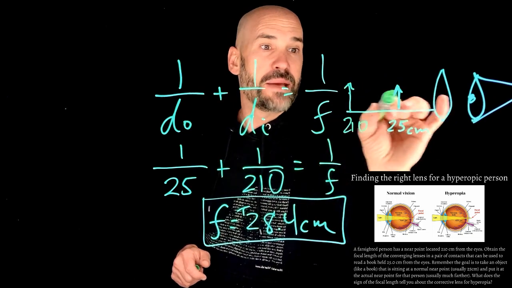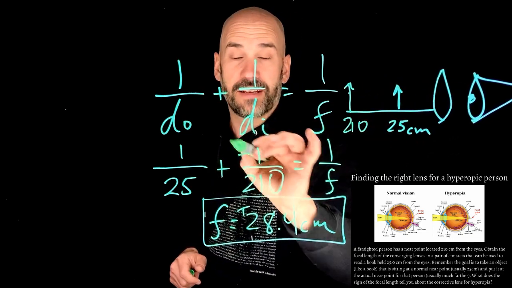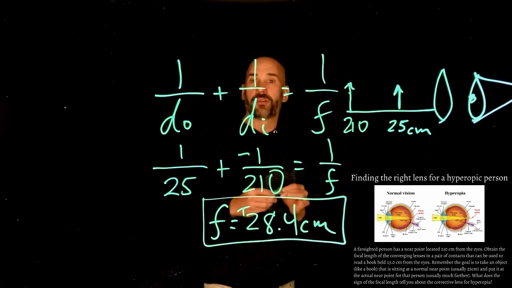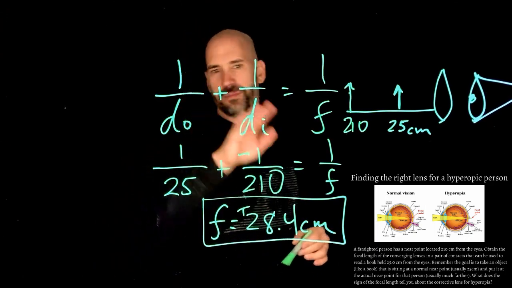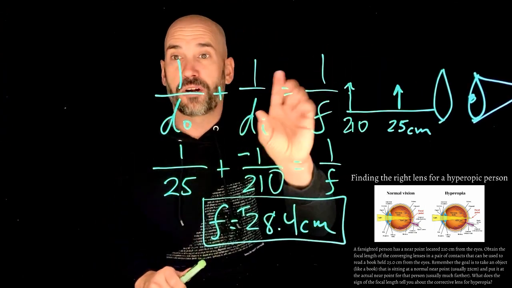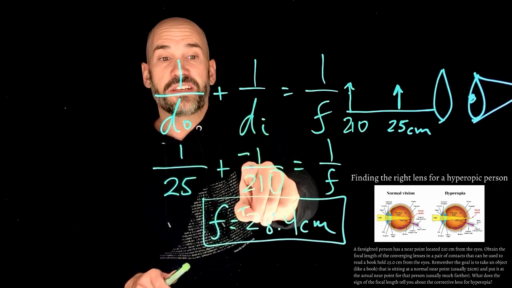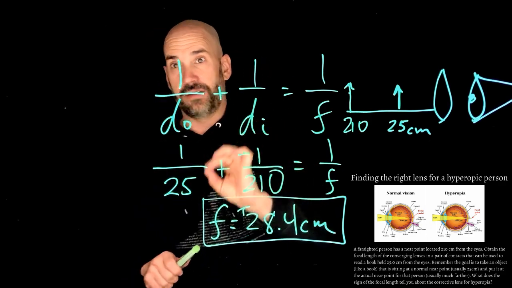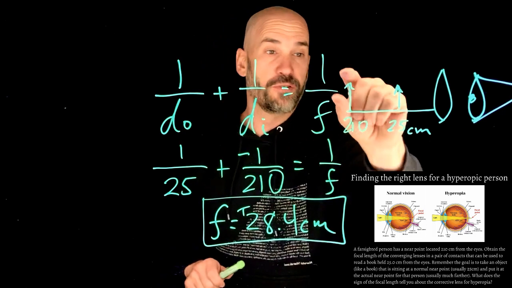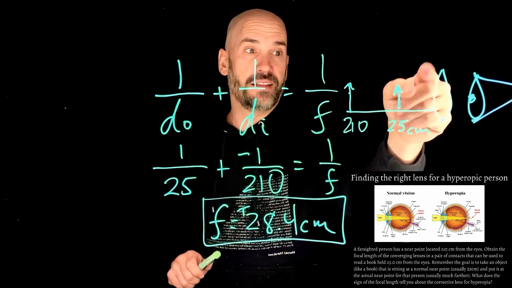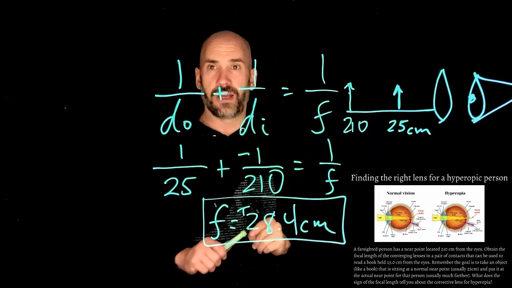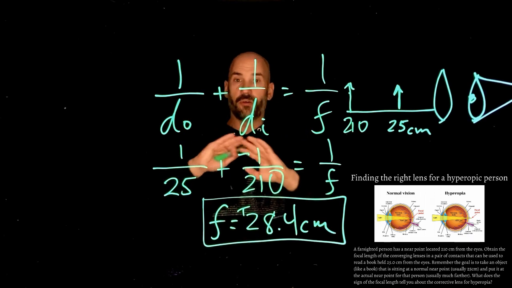This image is on the same side of the lens as the object, so that has to be negative. I knew you all caught that. But when we're talking about corrective lenses, the image distance is always going to be negative because you're forming a virtual image on the same side of the lens as the object is. Okay? In both cases, whether it's nearsighted or farsighted.